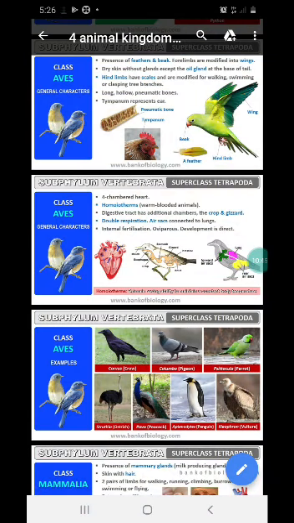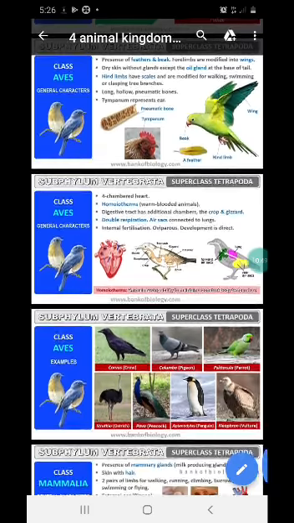And there is a tympanum at the back of the eyes, which represents the ears. And these birds have a 4-chambered heart. The heart is 4-chambered like human beings, right? And I told you they are homeotherms. They are warm-blooded animals.